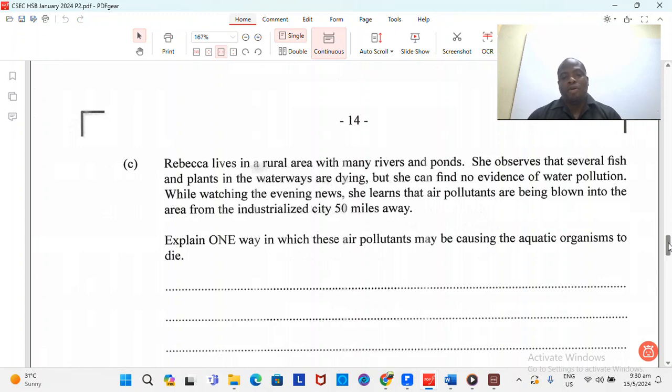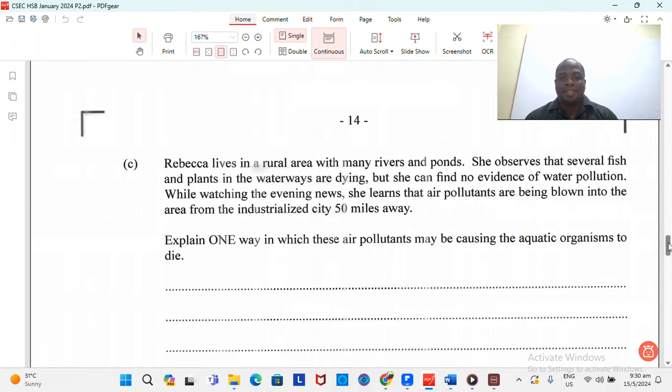And here's how. When these particles land in the water, they may cause a change in the quality of the water. They may even cause the water to become more acidic. And so if it changes the pH of the water, organisms that are not able to adjust to this new acidic condition will basically die out.